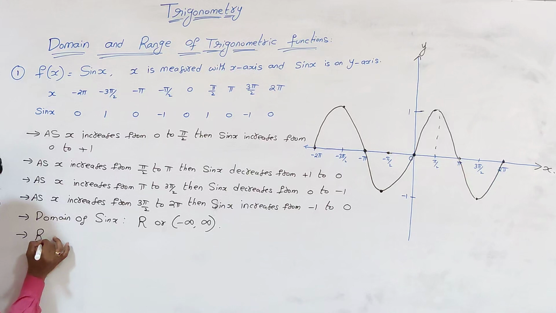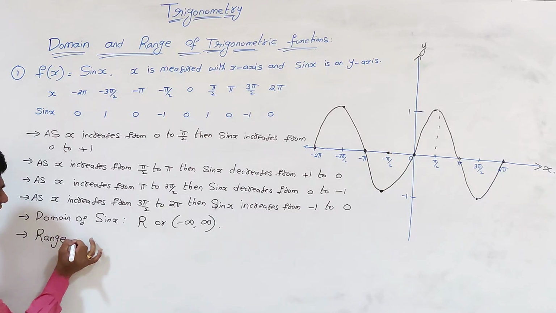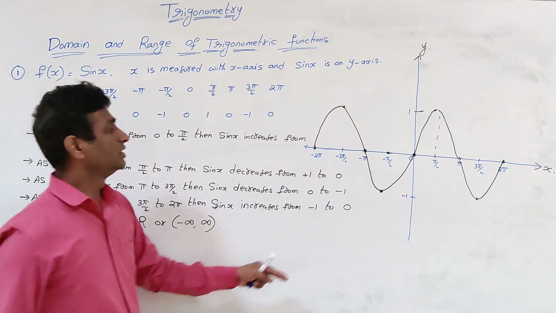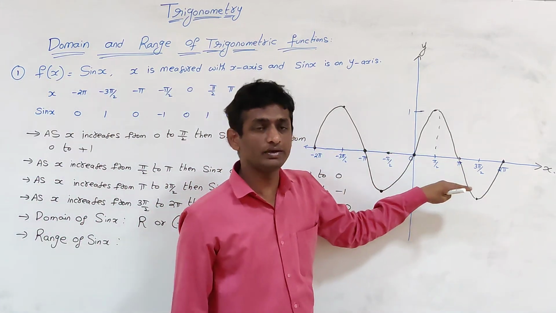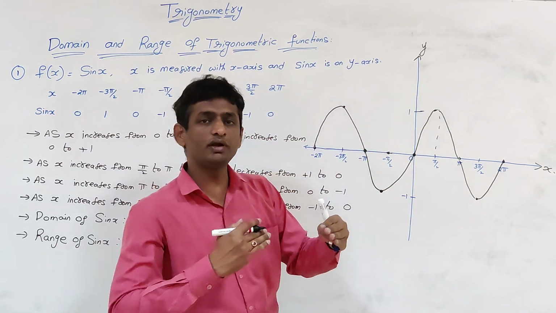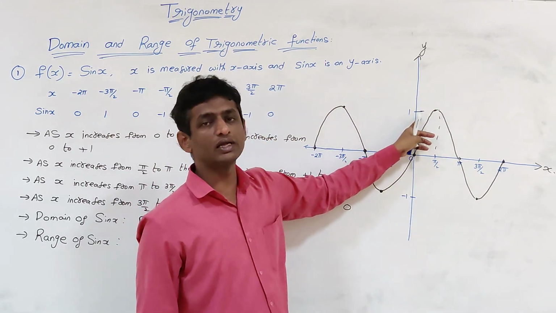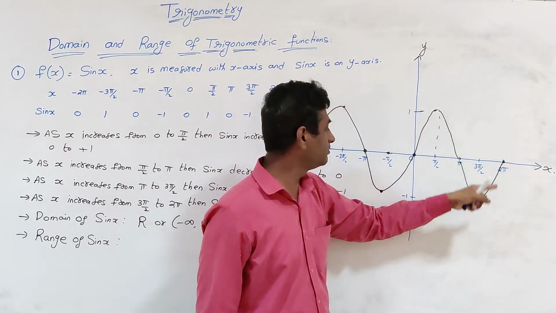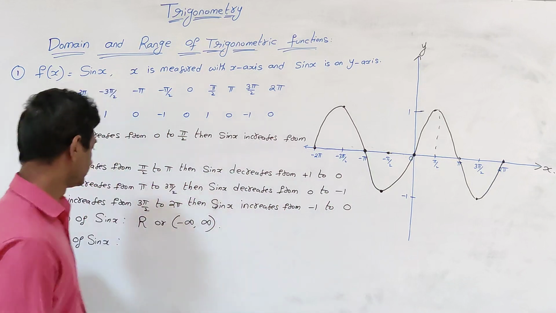Next, what are the outputs? That is the range of sin x. What is the range? The sin x lies between -1 to +1 only, means it oscillates between -1 and +1. Means in sin x the maximum is 1 and minimum is -1.